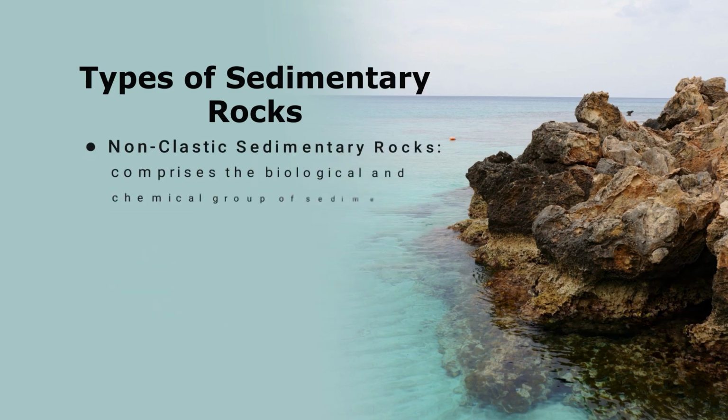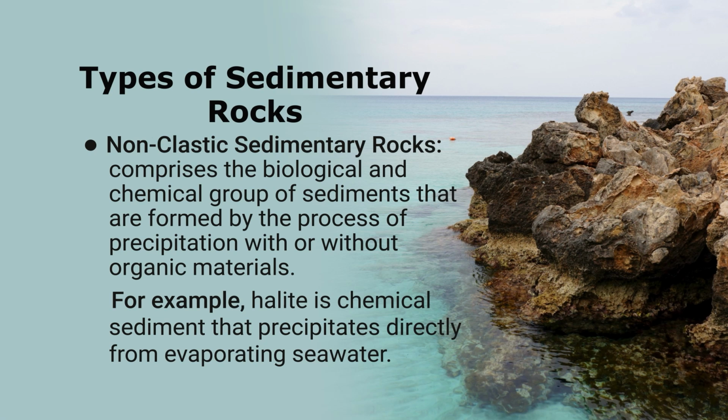Now, non-clastic means they can be chemical, they can be biochemical, with biological involvement of material. For example, halite is a chemical sediment that precipitates directly from evaporating seawater. If you have limestone, then you have life formation which can be involved.